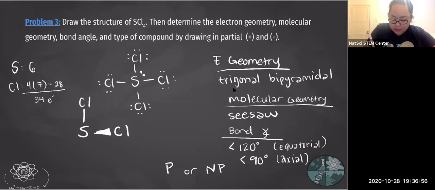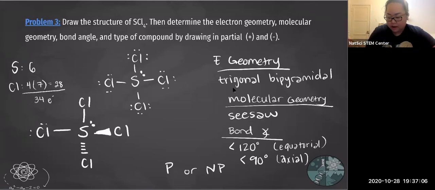So you can draw your structure like this. I won't fill in the electrons, but there's this lone pair here too, right? So the distance from this to this is about 118 degrees.